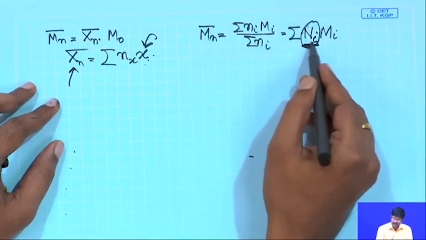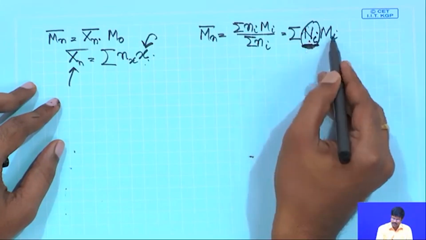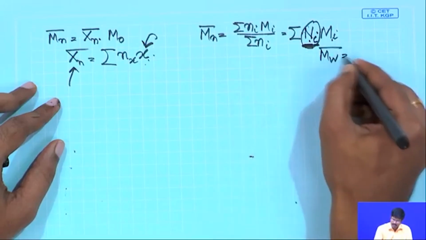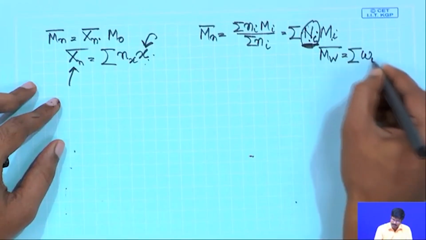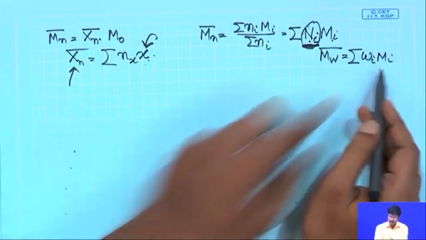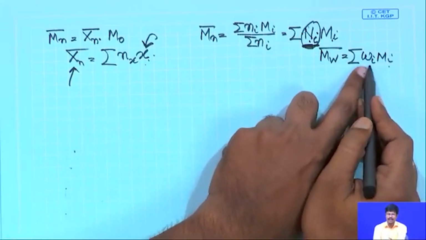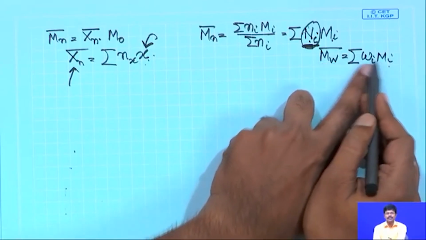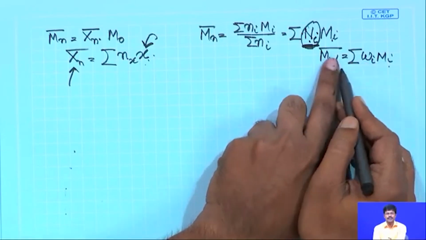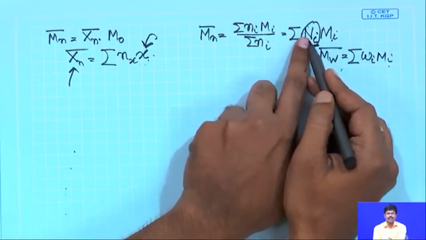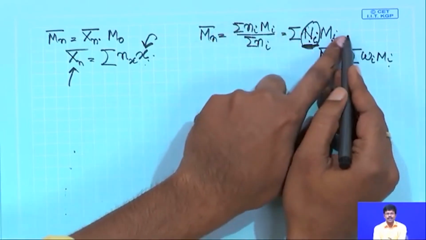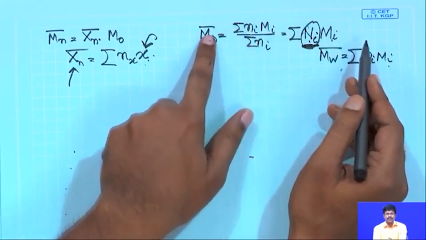You could also write this as summation of mole fraction into the corresponding molecular weights, the same way that you have written Mw, which is the summation of weight fraction into molecular weight. You are weighing the molecular weights with weight fraction and that gives you the weight average. You are weighing the molecular weight with number fraction, that gives you the number average.